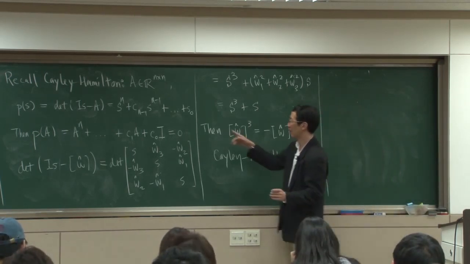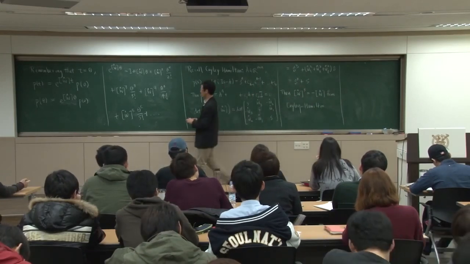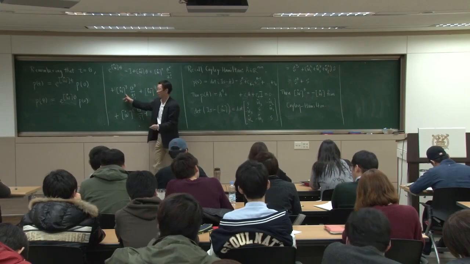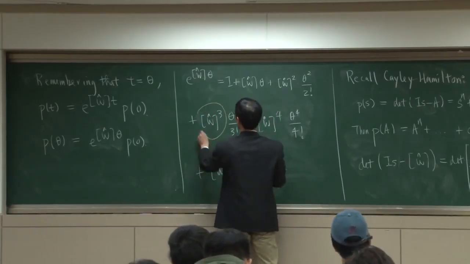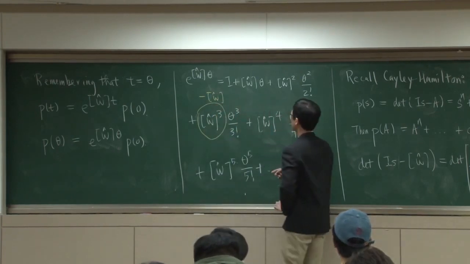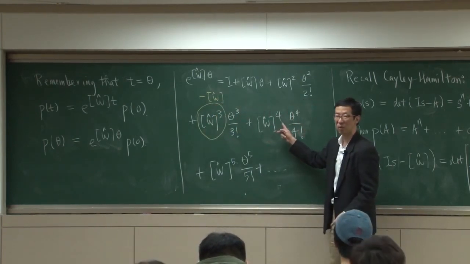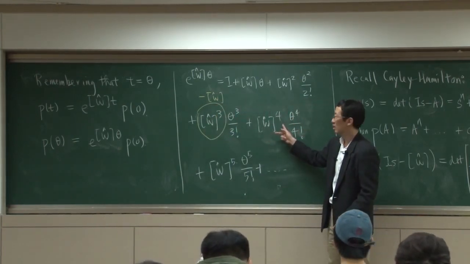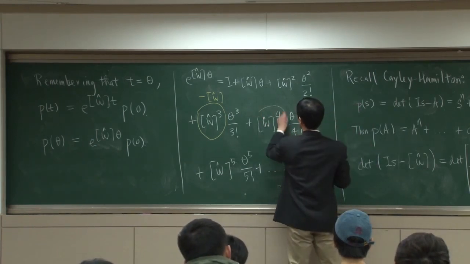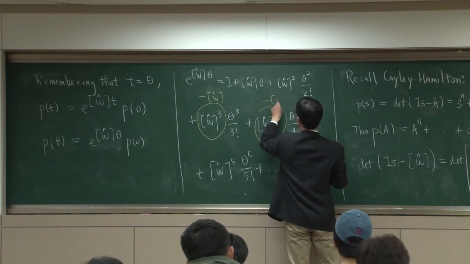Okay, so let's go back here. I see omega cubed here. I can replace this by minus omega. I see an omega to the 4th. So this is omega cubed times omega, or minus omega squared.